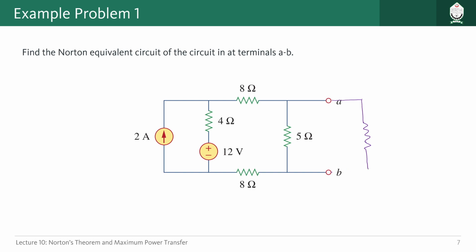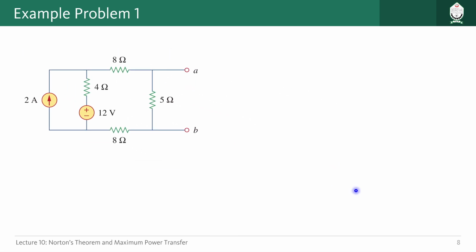This is the load we want to drive using this circuit. But before calculating the Norton equivalent circuit, we first have to disconnect this portion. For this example, it is already disconnected, so we don't have to worry about that. After that, two things we have to find out. One is the Norton current, and the other is the equivalent resistance, which is called Norton equivalent resistance. First of all, let us find the value of the equivalent resistance RN.